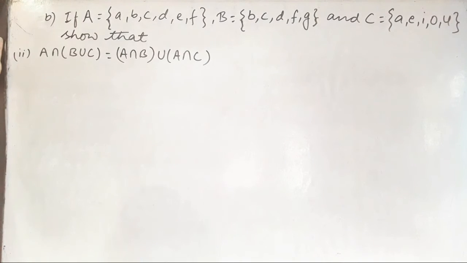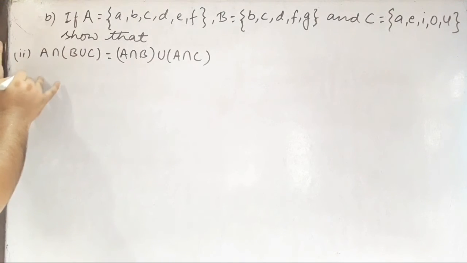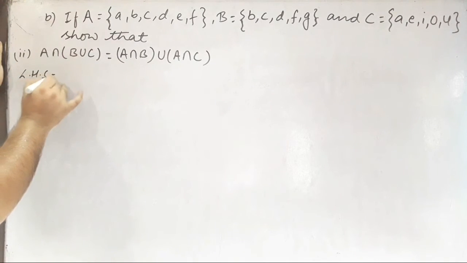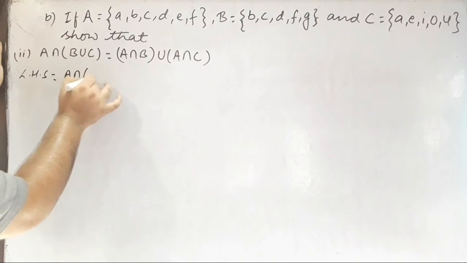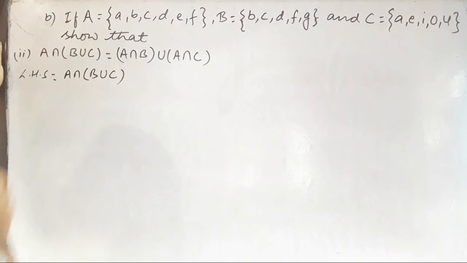The next question: A intersection (B union C) equals (A intersection B) union (A intersection C). Okay, left hand side, A intersection (B union C).